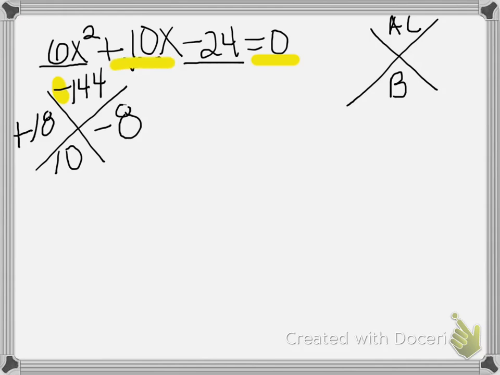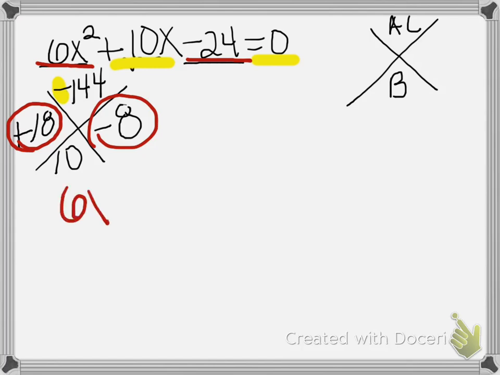It's kind of like a grilled cheese, and you got your bread, which is this 6x squared over here, and this negative 24, your outer pieces of the quadratic, and your middle is that 10x, like your cheese in a grilled cheese. But if you want a different kind of sandwich, a peanut butter and jelly, we need to rewrite this expression so that we have peanut butter and jelly in the middle of it. So here is your peanut butter, and here is your jelly.